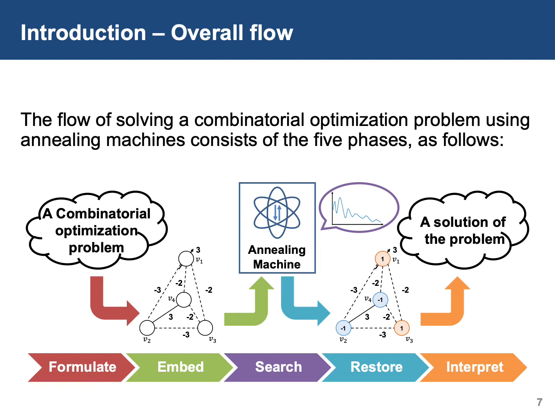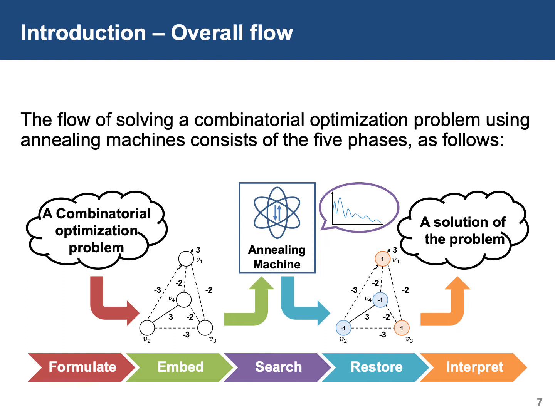In phase 1, a combinatorial optimization program is formulated into a logical Ising model consisting of the objective function and the penalty function. In phase 2, the Ising model formulated in phase 1 is embedded onto a physical Ising model or a real annealing machine.